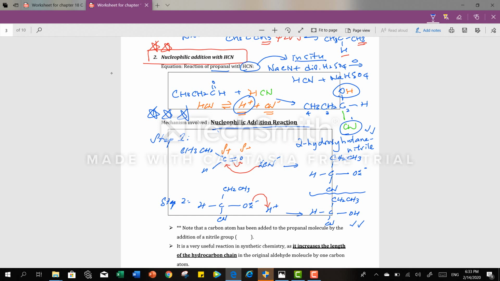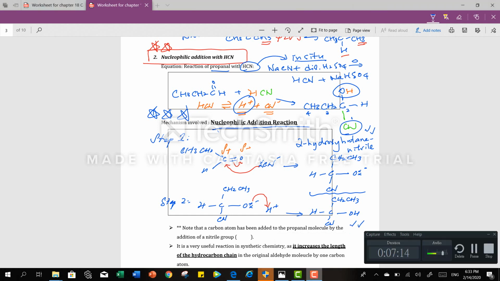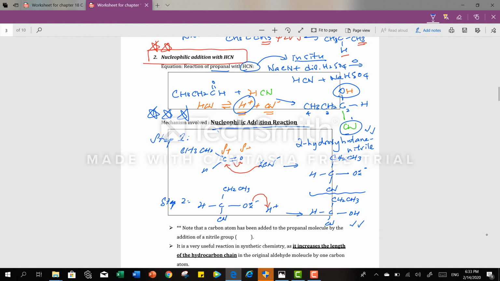Okay, so that's why we get the product. Now you have to know how to draw this mechanism. Practice drawing this mechanism. Okay, so this is nucleophilic addition reaction.